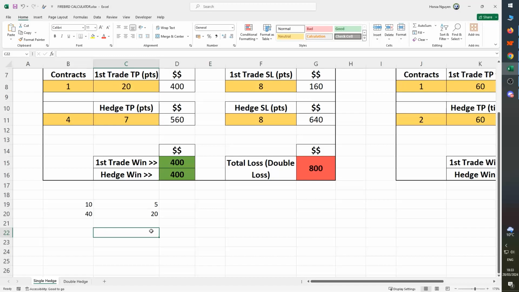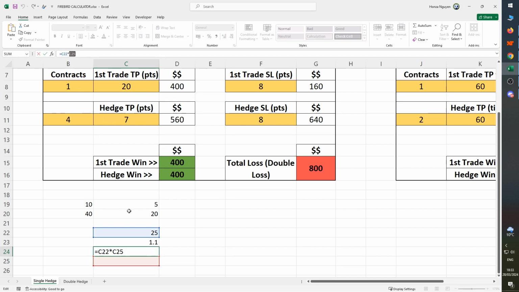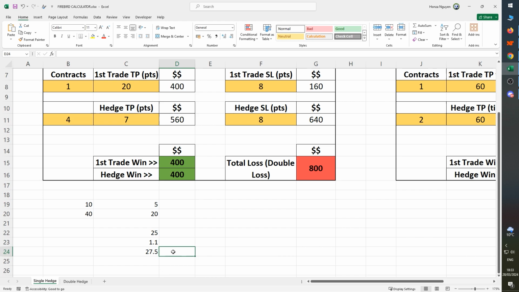But for trading 25 contracts, each one is 1.1 in fees, I think. So that's about 27.5, and then you gain 200. So that's like 13% of your profit taken by the stupid fee right here.